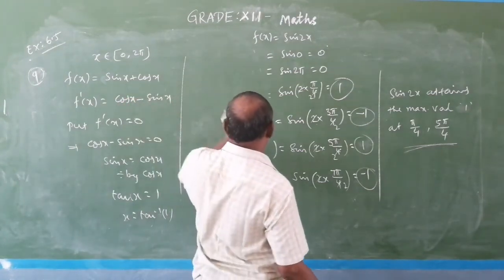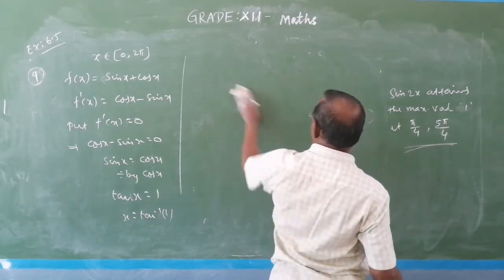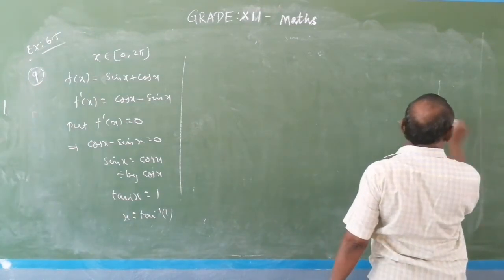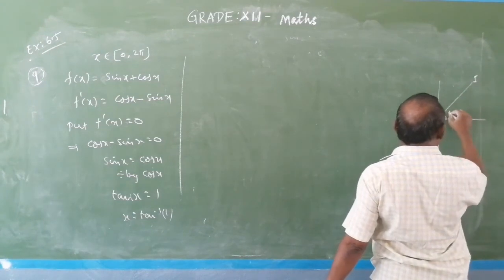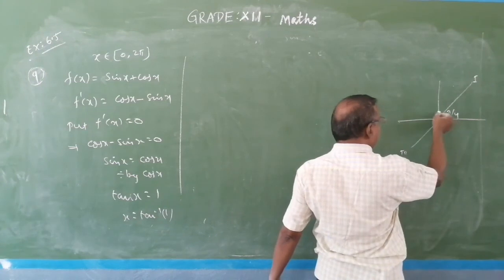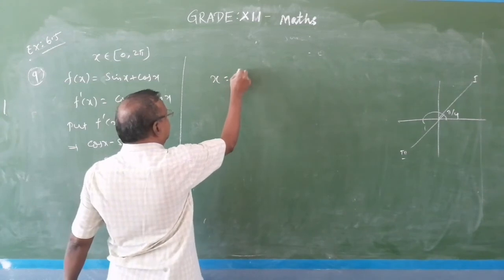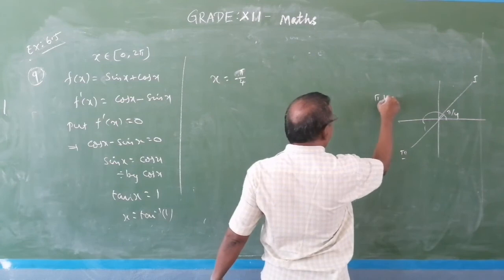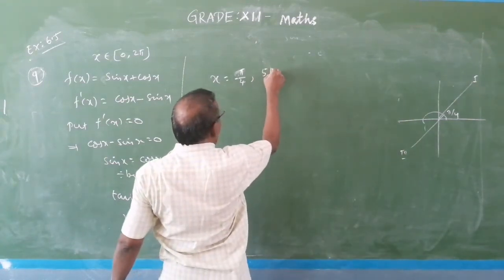Consider the first quadrant and the third quadrant. In the first quadrant, tan inverse of 1 is pi by 4, and in the third quadrant it is pi plus pi by 4. So x equal to pi by 4 and pi plus pi by 4, which means 5 pi by 4.